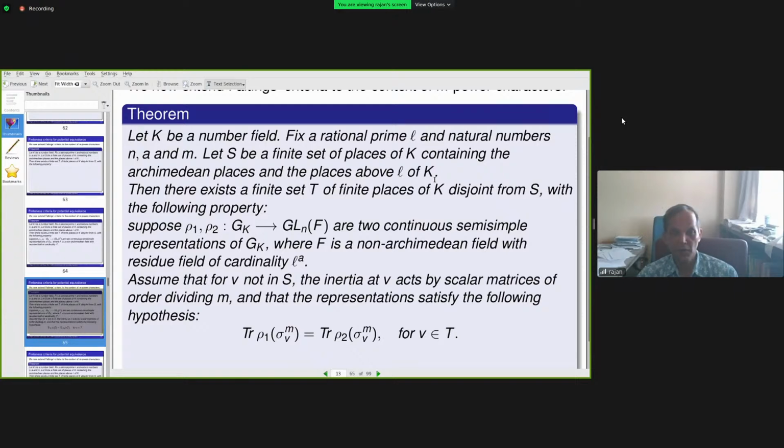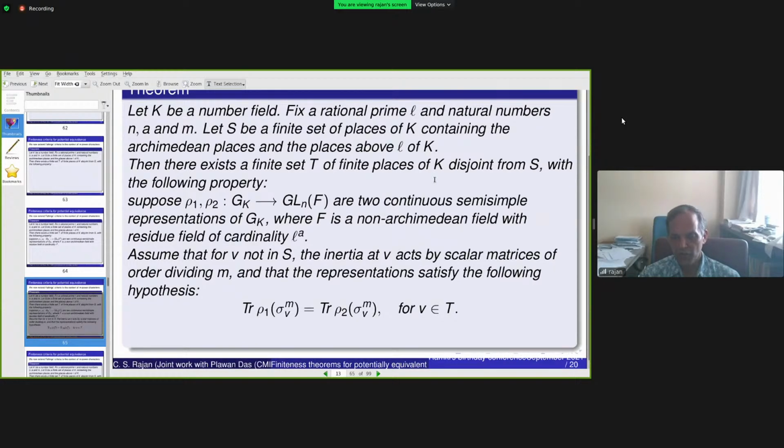Okay. So the M is that we want to say that the inertia acts by scalar matrices, and it should act with order dividing M, and that the representation should satisfy the following hypothesis. So I should say that ρ1(σ_v)^m is well defined.